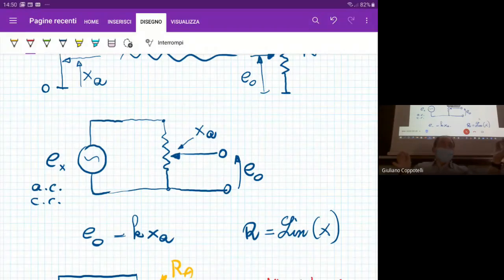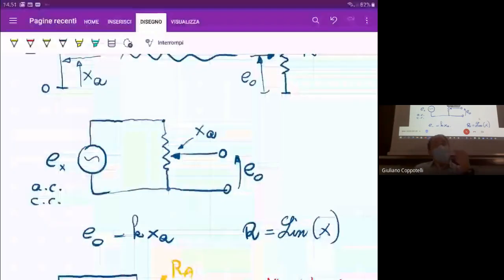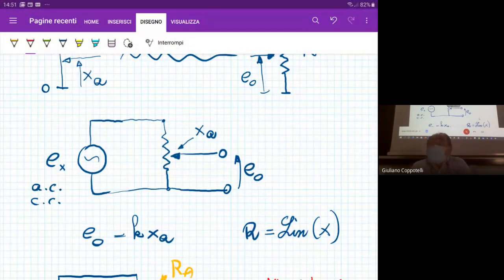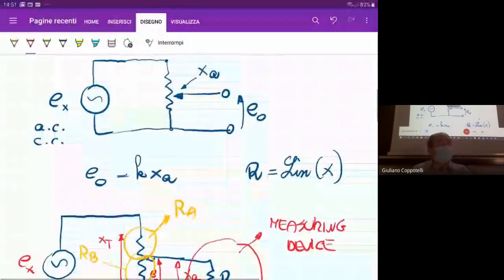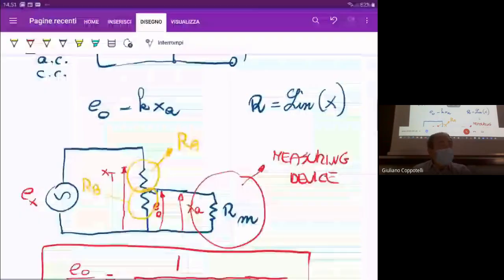Nothing else. So the ideal circuit is the actual circuit in which the measuring device has a practically large resistance with respect to the potentiometer resistance. Infinite should be.